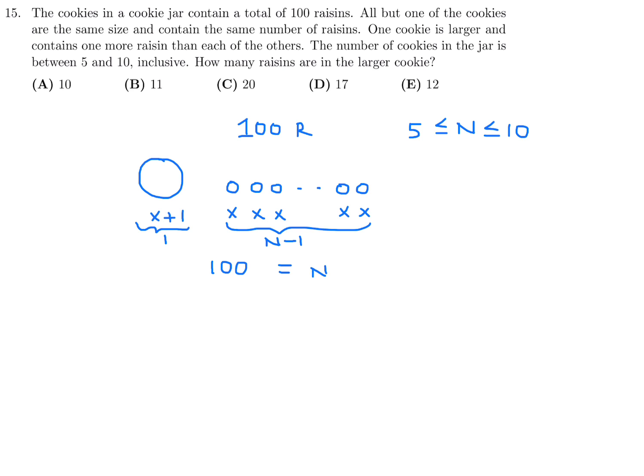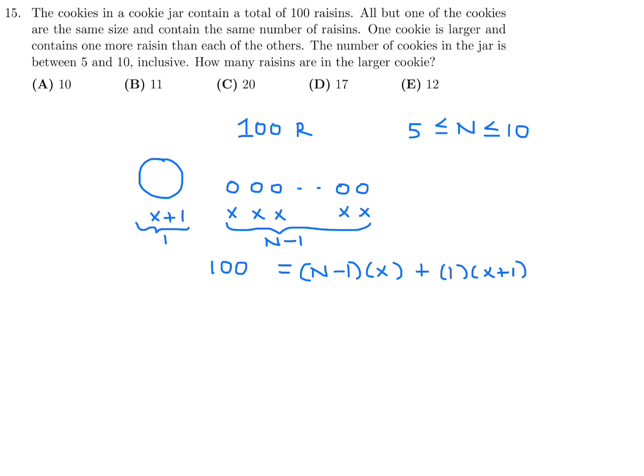So n minus 1, multiplied by x, gives you the number of raisins among the small cookies. And then you just have to say 1 times x plus 1 to get the number of raisins in that large cookie. So that is my formula, basically.